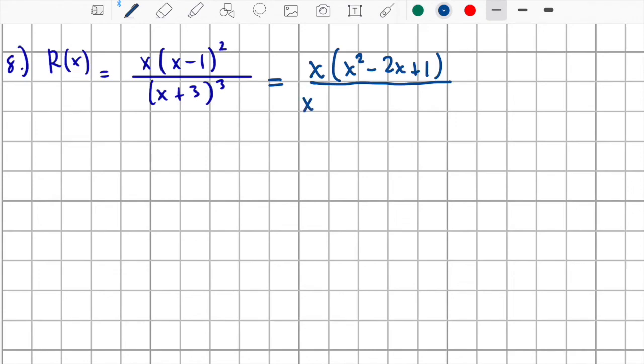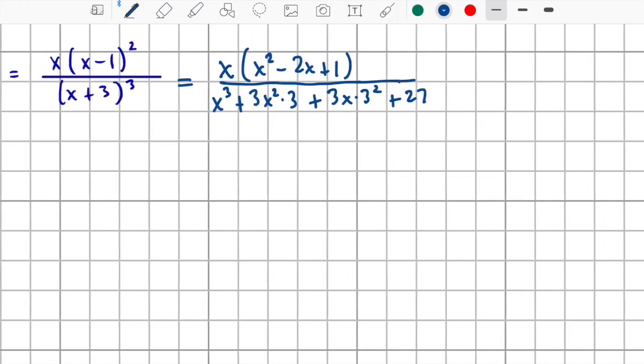That will give me x cubed plus 3x squared times 3 plus 3x times 3 squared plus 3 cubed, which is 27.